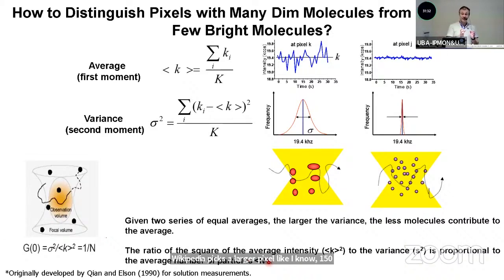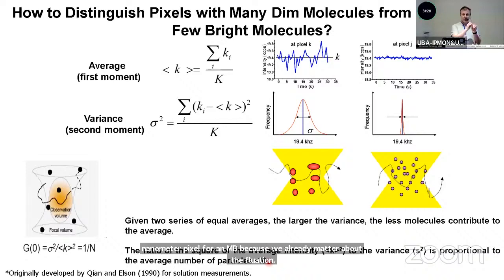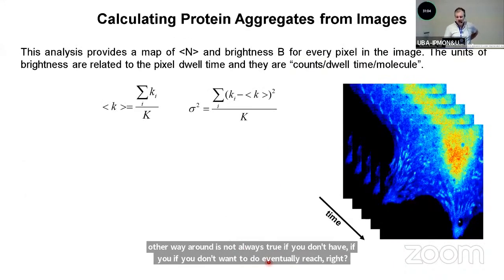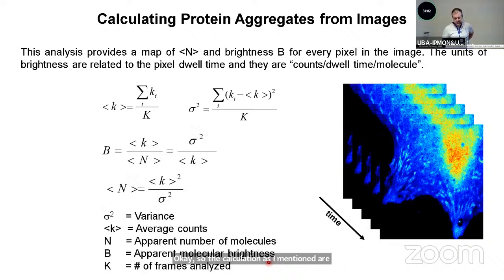But for RICS, it's very important because we need to sample a very high number of pixels in the PSF, because we don't want to lose the molecule when they diffuse. In here, we don't care. So if you acquire your setup for RICS, you can do NMB. The other way around is not always true if you don't want to eventually do RICS, right?